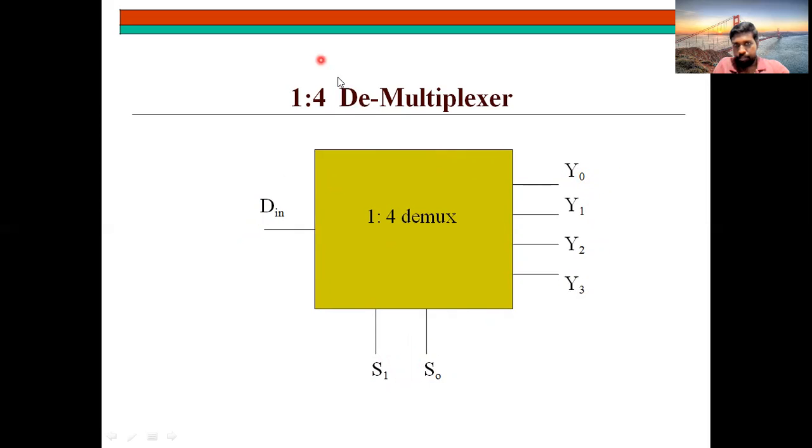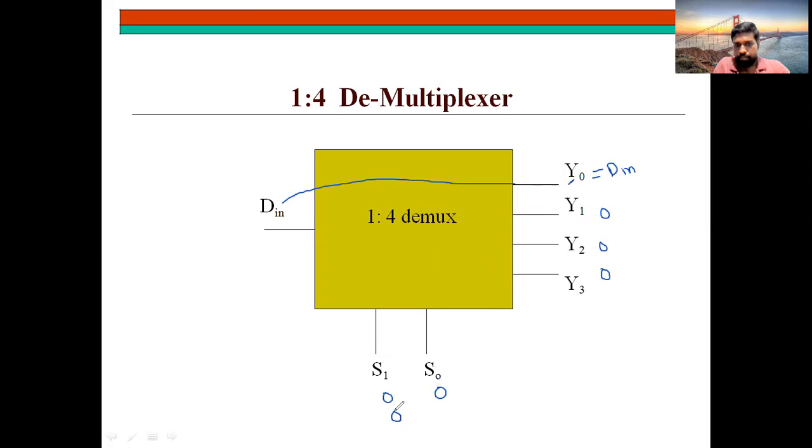Observe carefully. When both are 0, 0, Din will switch across to this first line, and you will get Y0 equal to Din, and these 3 remain 0. It is 1 among the 4.